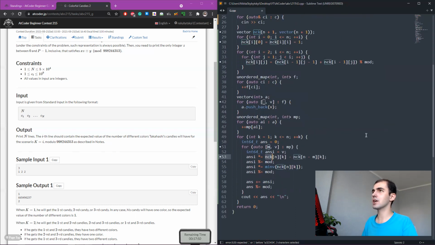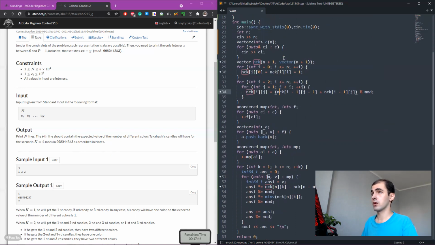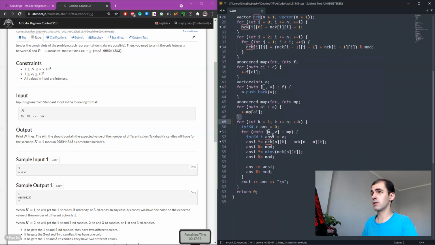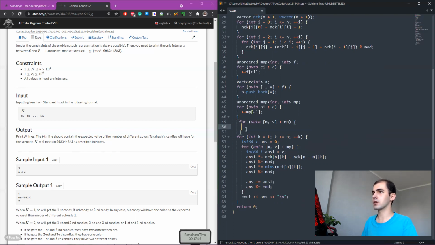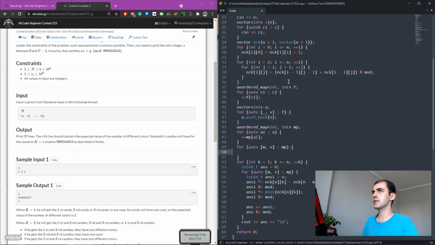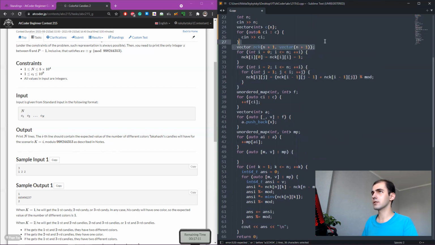What we don't have is NCK, because NCK takes quadratic memory, which is clearly unusable. What we're supposed to do instead is, here we already know all values of m for each v that we may want to query. So instead, what should be computed is, NCK is not a vector of vectors.